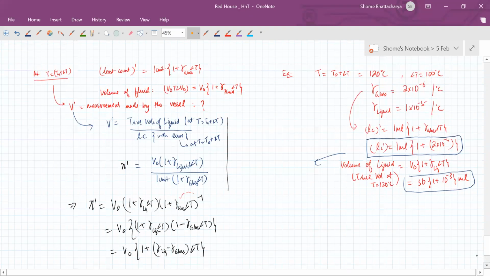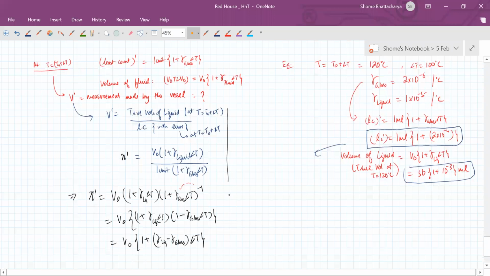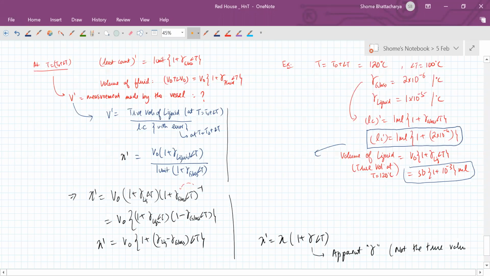Okay. So from the measurement, you would be concluding that x prime should be equal to x into 1 plus gamma into delta T. But this gamma that you're getting is the apparent gamma. It's not the true value. Okay.